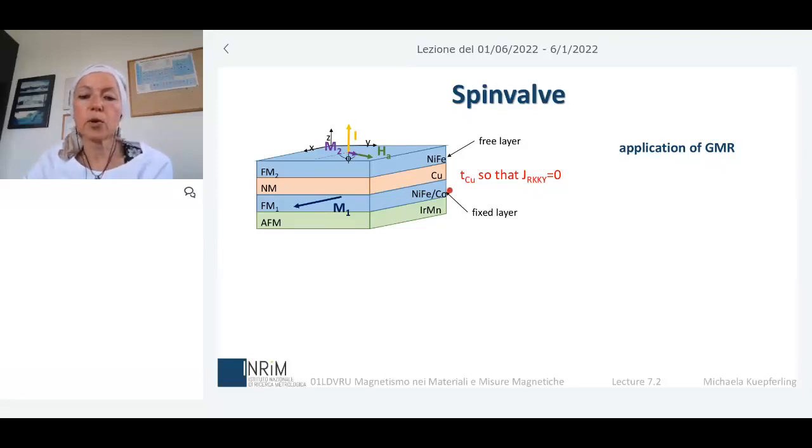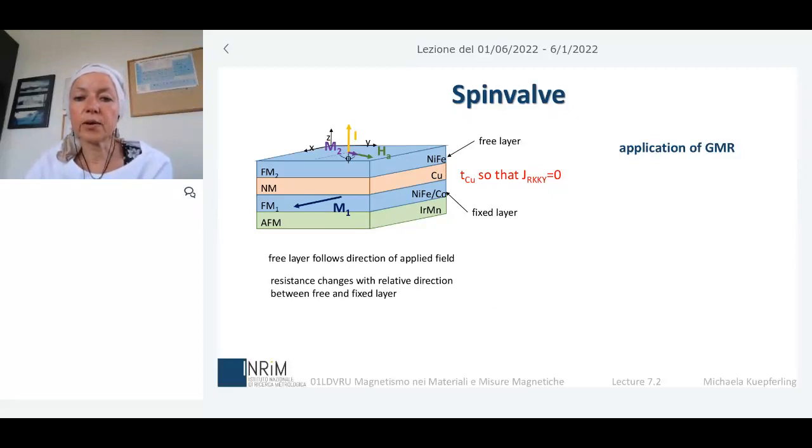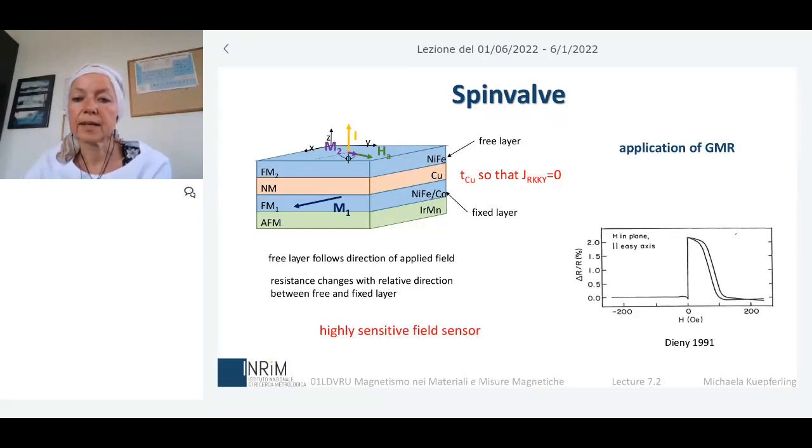So if we have no interaction, this free layer will immediately, especially if it's a soft material, as it is indicated here, for example, permalloy, orient in the direction of the applied magnetic field. Okay, and this is how we realize, of course, our field sensor.